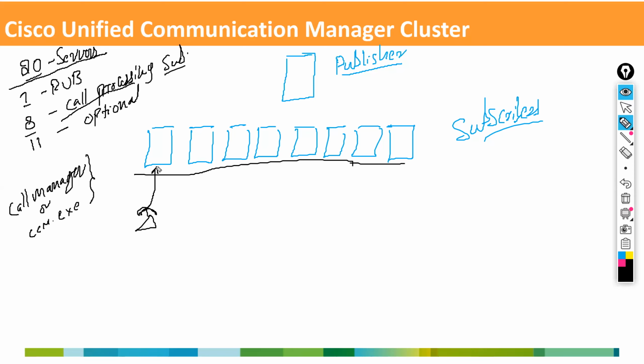Clear? Got it? Okay. Now, this service can be activated in a maximum of 8 servers. You have 19, right? It's not possible to activate on all 19. You can activate it only on 8 servers. What happens if you activate it on the 9th server? It will not work.